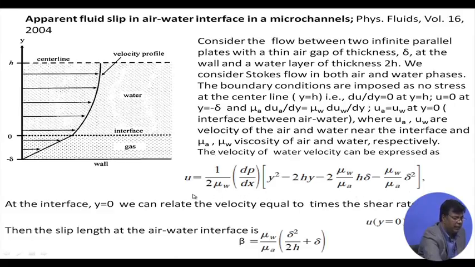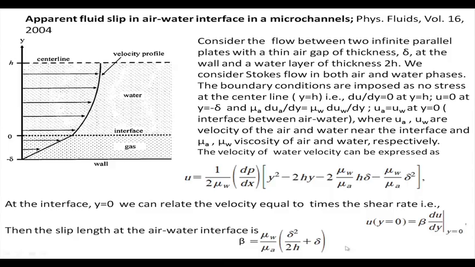Now at the interface between the water and air, if we consider a relation between u and du/dy by a factor beta, then we can find that beta comes to be of this form.